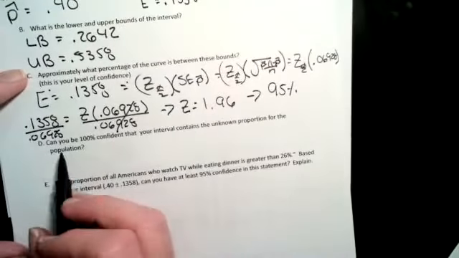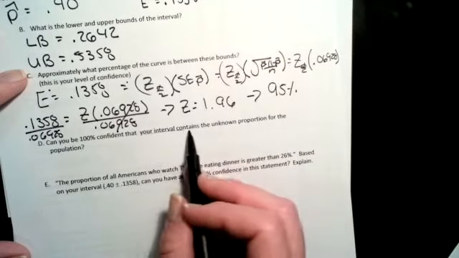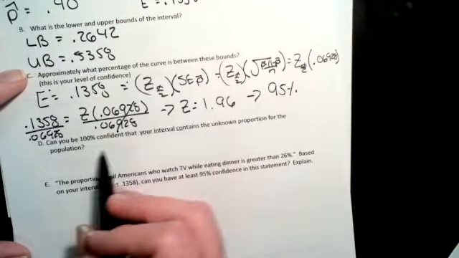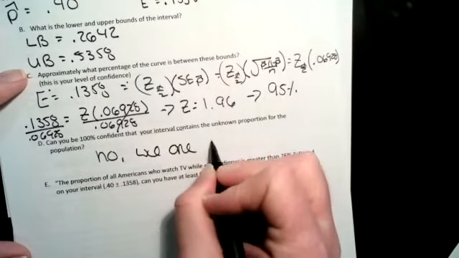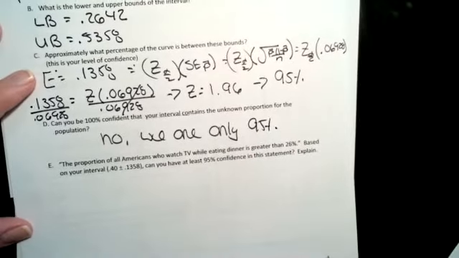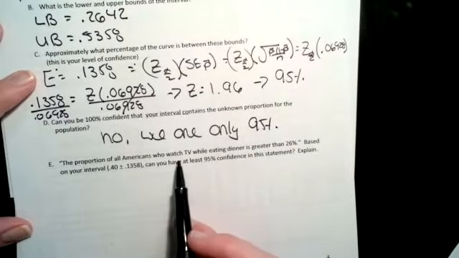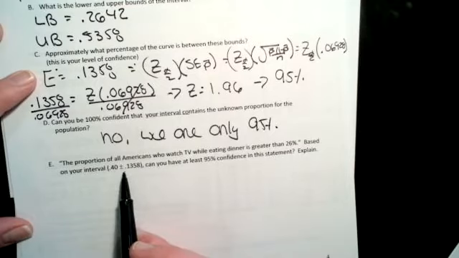Okay. Can you be 100% confident your interval contains the unknown proportion for the population? No. No, we are only 95%. So no, not 100%. The proportion of all Americans who watch TV is greater than 26%. Based on the interval, can that be true? It's 26%.